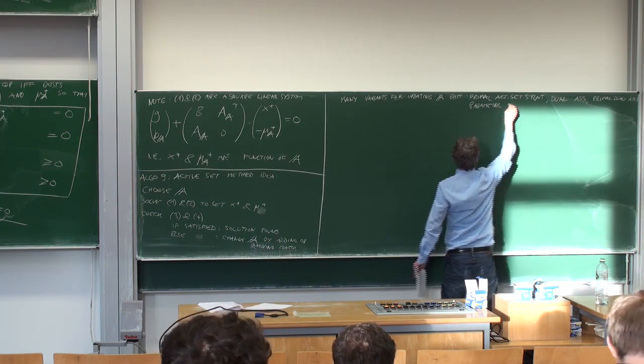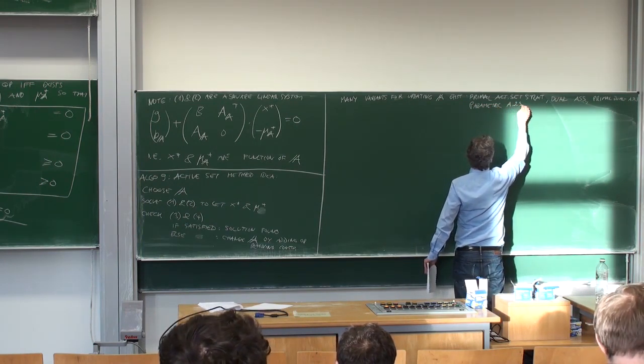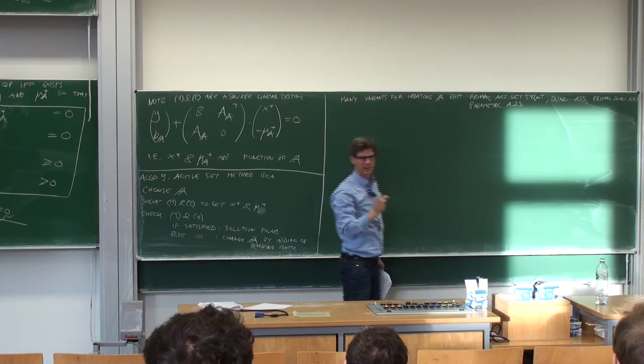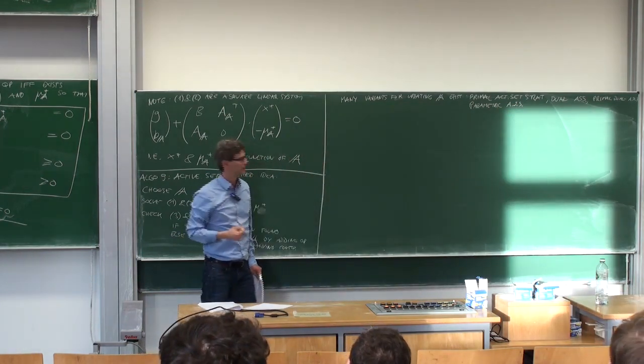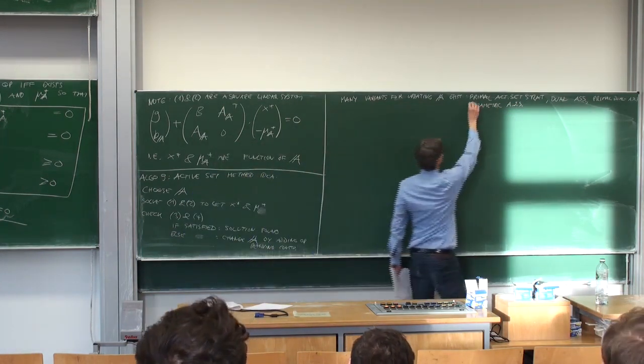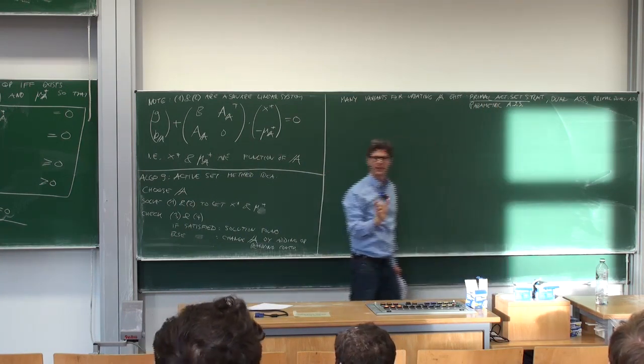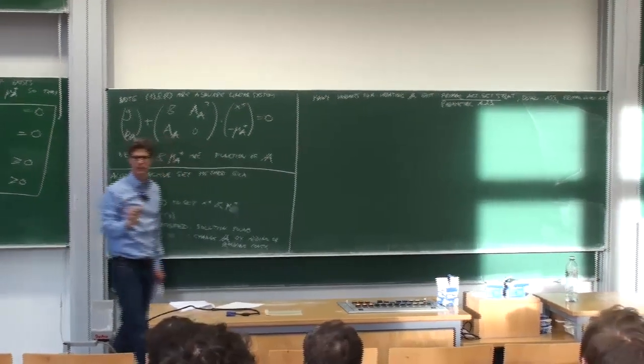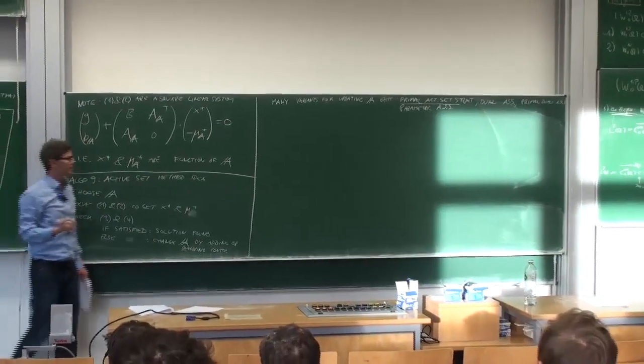So there are many possibilities, and different QP solvers have different strategies implemented. I will now only discuss the primal active set strategy so that we get an idea of how that works, and it's relatively intuitive and easy, I would say.